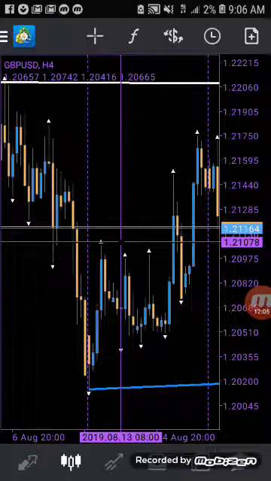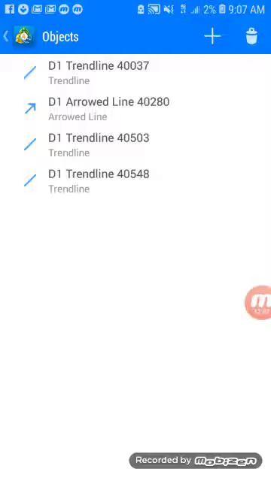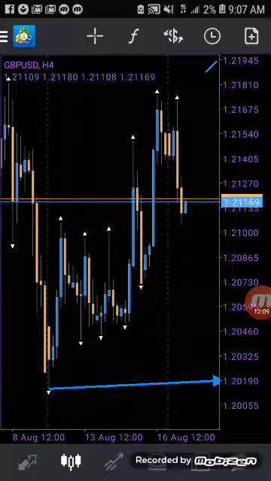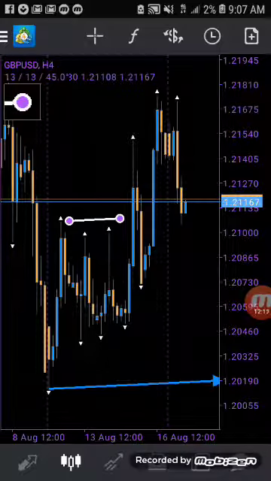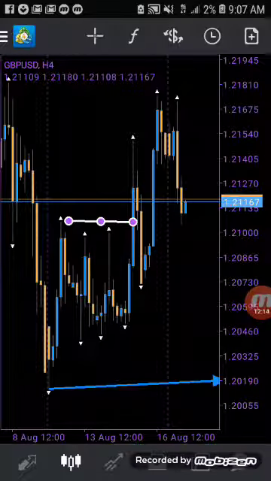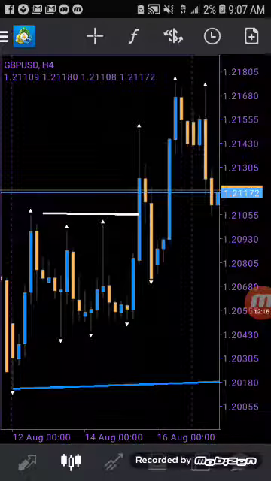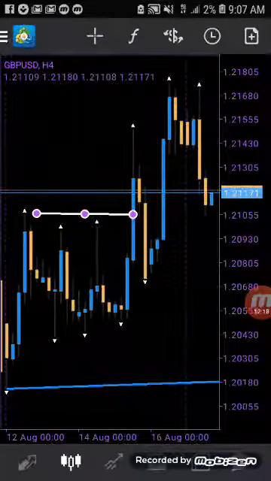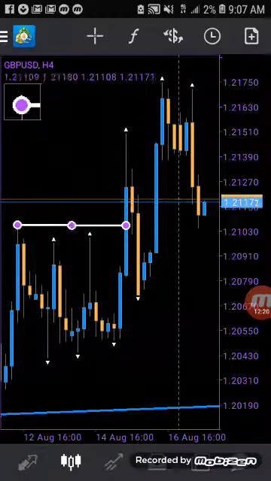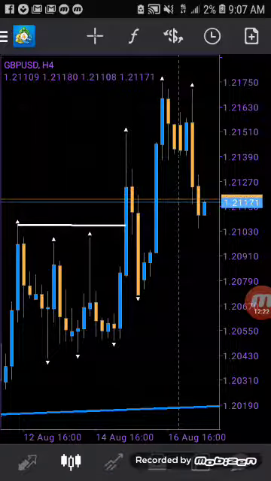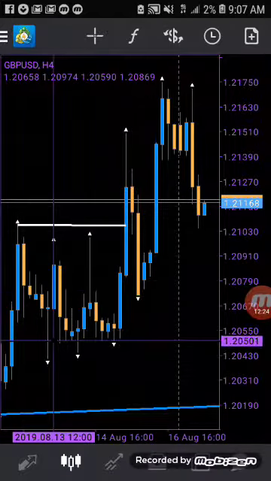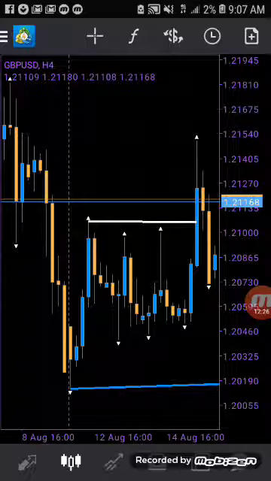So this is the new ceiling. Look, that was a ceiling. Let's just follow it.